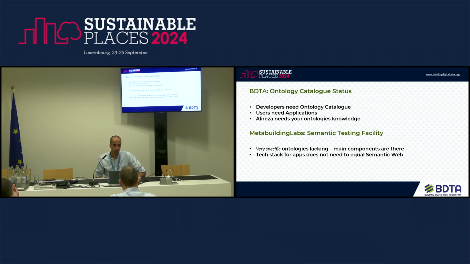Meta Building Labs, the semantic testing facility, noticed that there were some very specific ontologies lacking. However, the main components were there. So this is an indicator that maybe assembling ontologies together to meet the use case is a viable approach. And the technology stack for applications doesn't necessarily need to be completely semantic web.